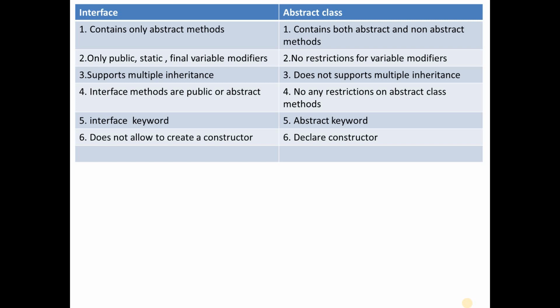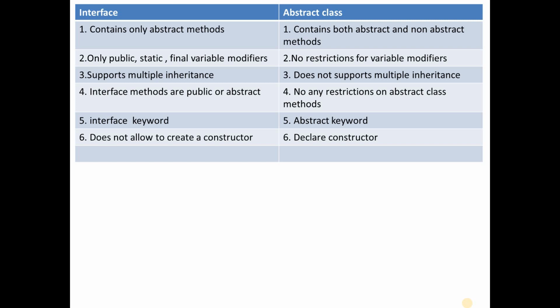Java also does not support multiple inheritance with classes, and that's why the concept of interface is provided in Java. So in an interface, you can create a single child class from two or more parents, while an abstract class has no support for multiple inheritance.